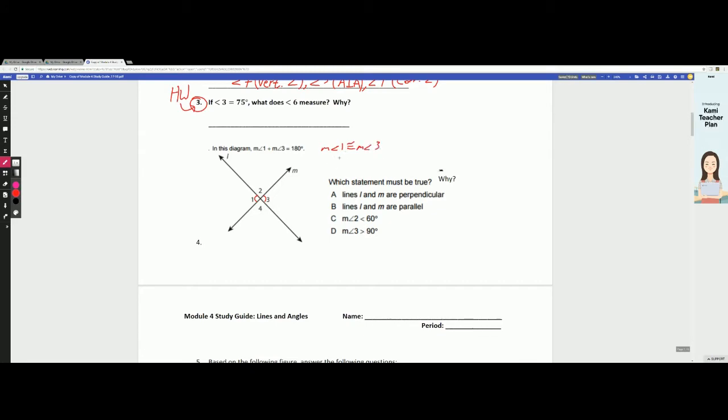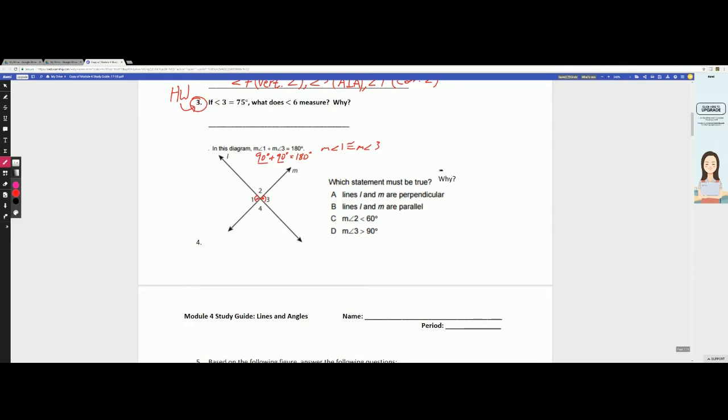But that means angle 1 is angle 3 and angle 3 is angle 1. They're the same. The only two measures that are the same and add up to 180 can only be the 90s. 90 plus 90 is 180, and that makes sense because they're vertical angles.